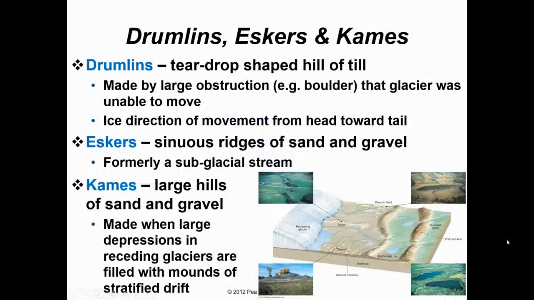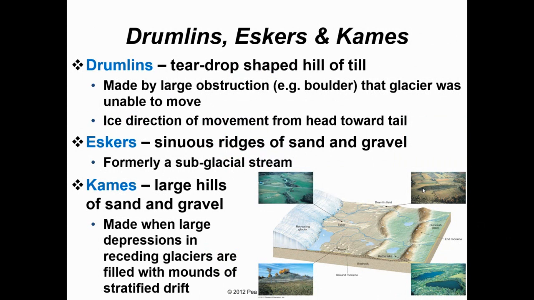Let's see here. Drumlins, that's these guys up here. Okay, these are teardrop-shaped hills that are tapered from the head here down to the tail. And we know that the direction of ice movement is from the head to the tail. So in this case, from left to right, because we know that the steep head part, there's always an obstruction that creates that.